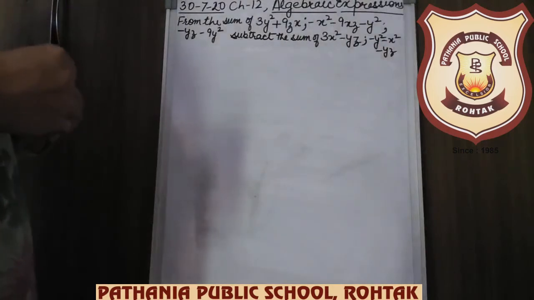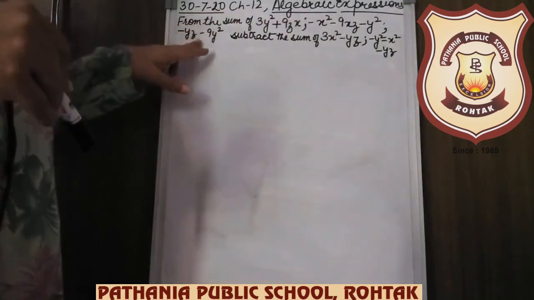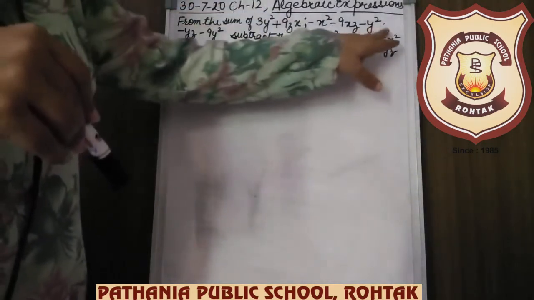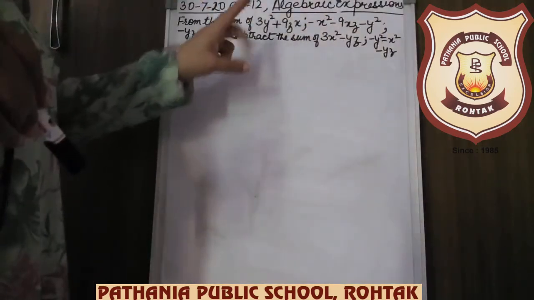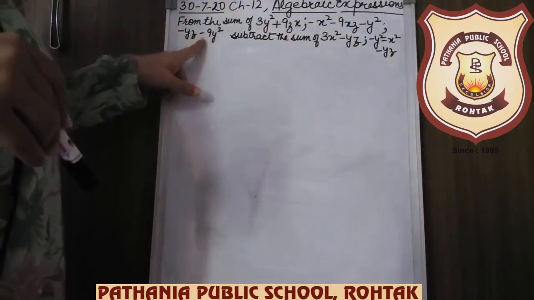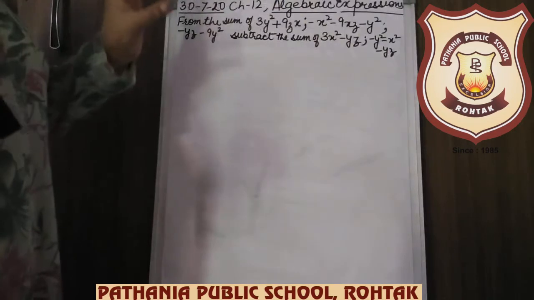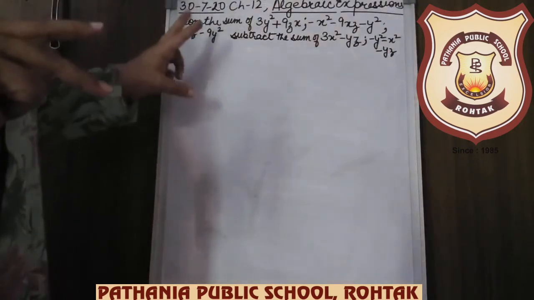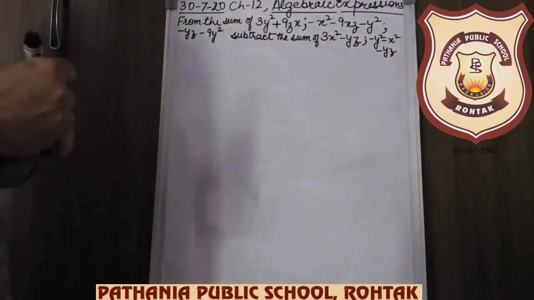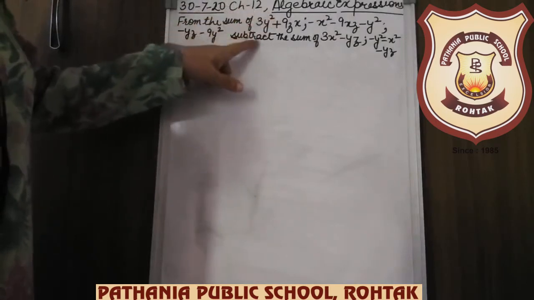Now understand the question. Sum of means you have to add these three expressions, and sum of means there will be two answers. First by adding these three expressions, then by adding these two expressions you will get two answers. Suppose I call this as A and this as B. Okay. Now from A subtract B.